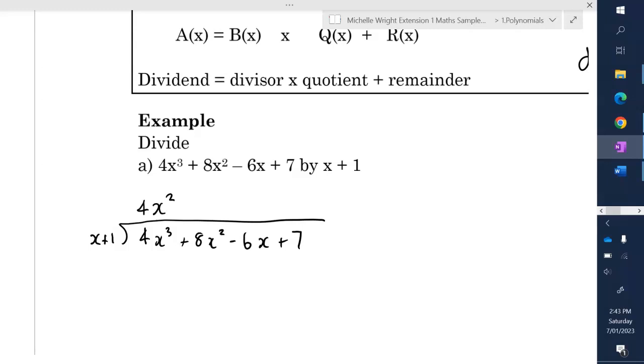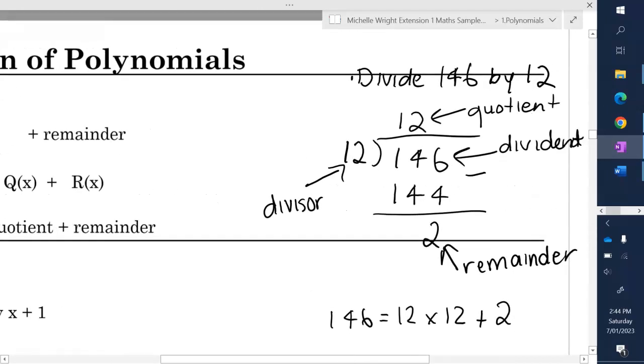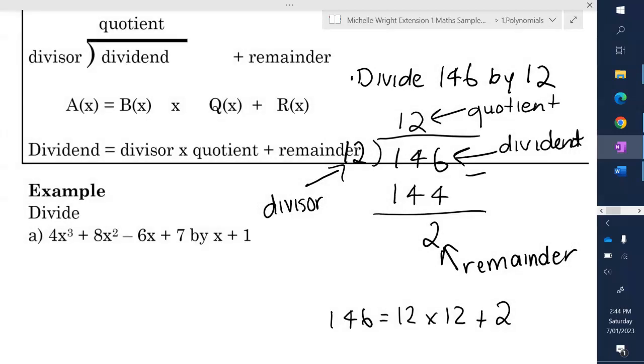I'm going to write it over top of that because 4x squared times x will get me 4x cubed. And that's what I'm trying to do, is come up with a term that will give me the first term of my polynomial, that is my dividend, because I'm going to then subtract like I did up here. So if you have a look what we did up here, we then subtracted. So my aim is to get rid of that first term when we subtract. So let's just go back down here.